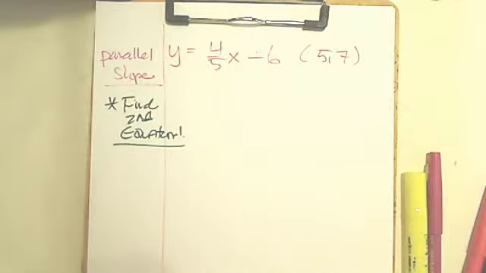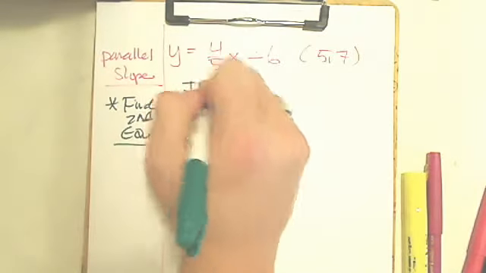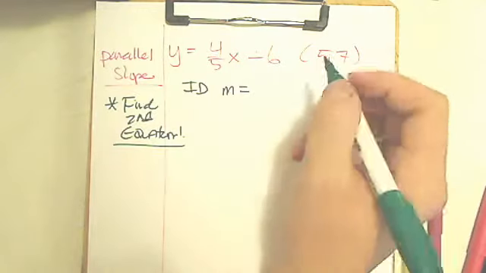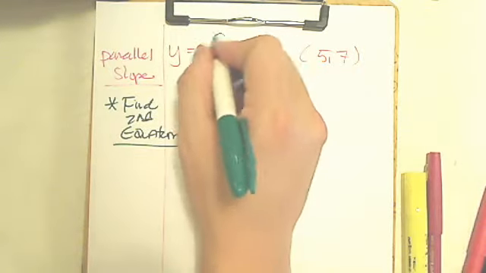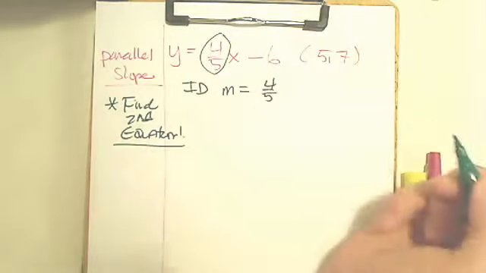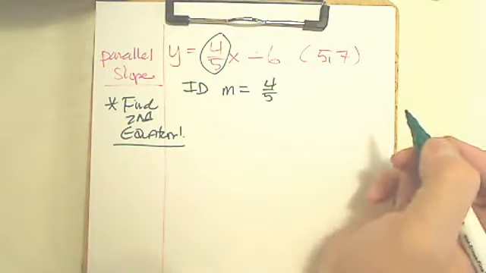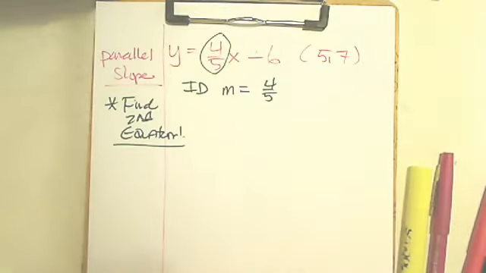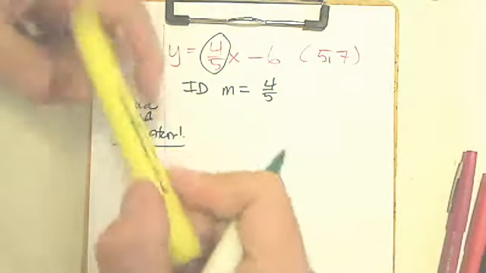Because it's parallel, you have to identify the parallel slope. In this case, the slope from the original equation is 4/5. Would you agree the slope is 4/5? Okay. Now, find the other equation.